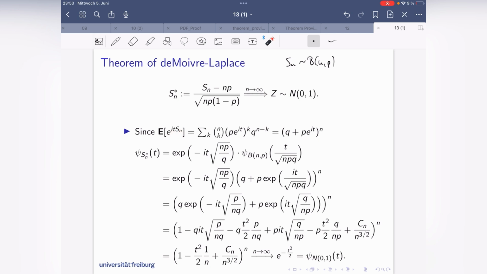And this one here I can also write as p times e to the it to the power of k. And here I can use the binomial theorem. That's q plus p times e to the it to the power of n. So that's important.